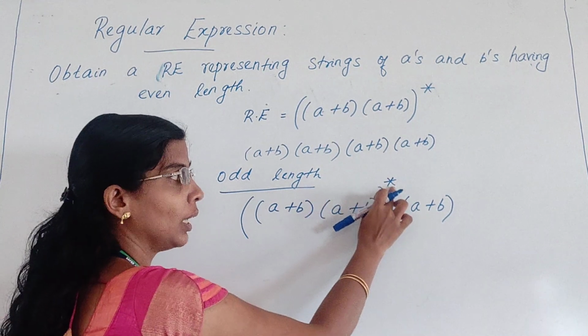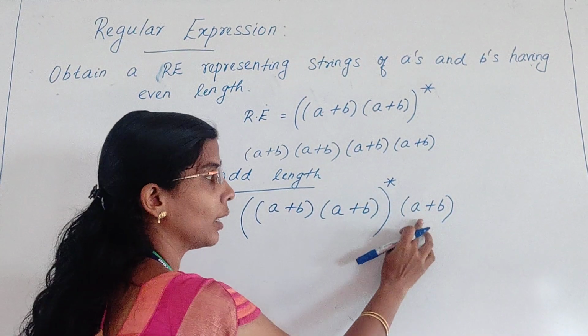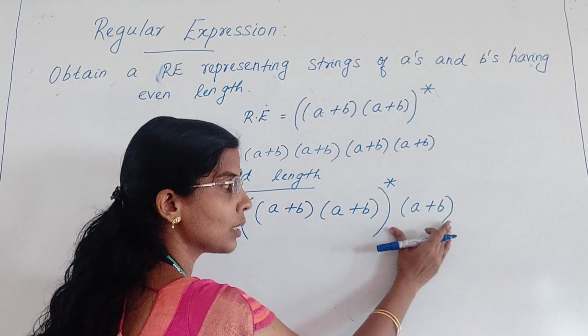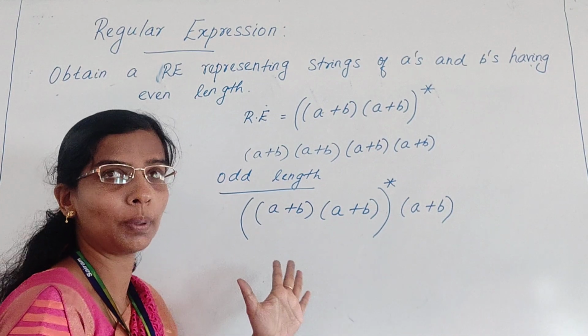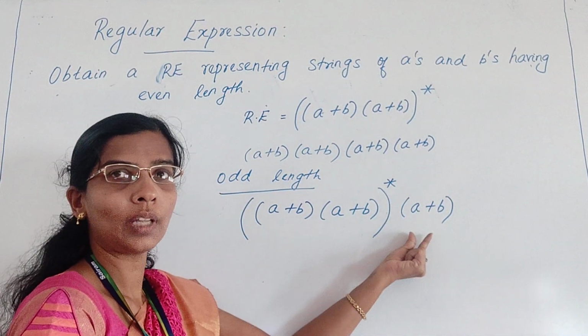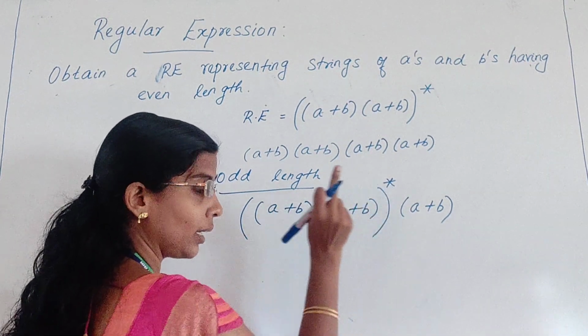Suppose the star takes null, so this complete thing becomes empty. What is remaining? A plus B. So length is 1. I am getting strings of length 1. Suppose the star takes 1.